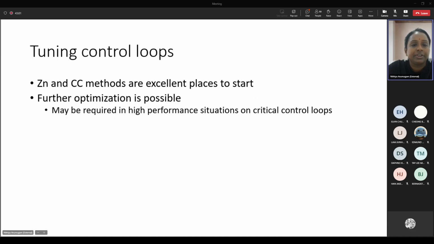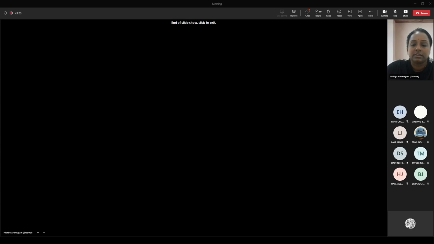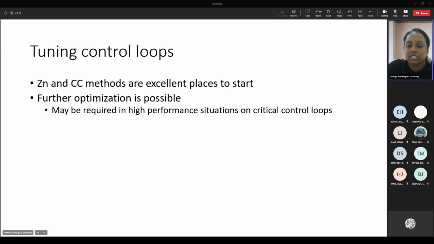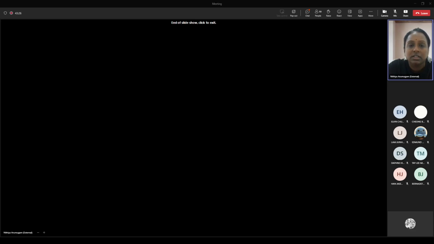But further optimization is possible in high performance situations or where critical control loops appear. We need to optimize the conditions for both Ziegler-Nichols and Cohen-Coon methods. So this is what today's lecture is all about.